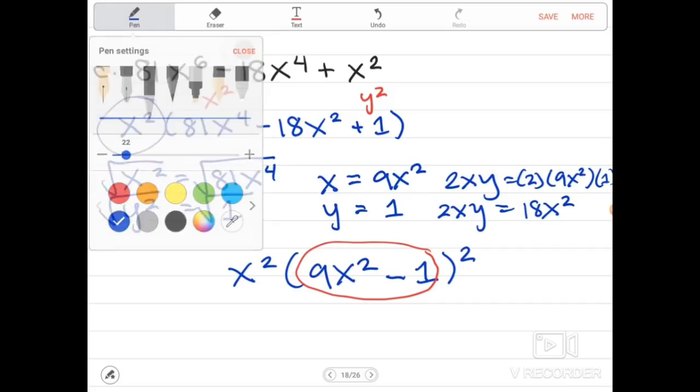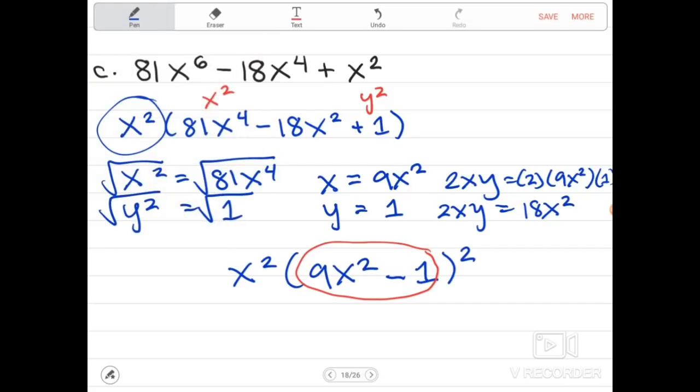Akala natin tama na yung final answer natin, pero hindi pa pala, factorable pa pala siya. So, expand muna natin siya. X squared. So, pag in-expand natin yan, parang ganito siya, dalawang 9x squared minus 1 siya. 9x squared minus 1. Okay? So, dalawang beses kasi in-expand natin. Apply natin yung difference of two squares.